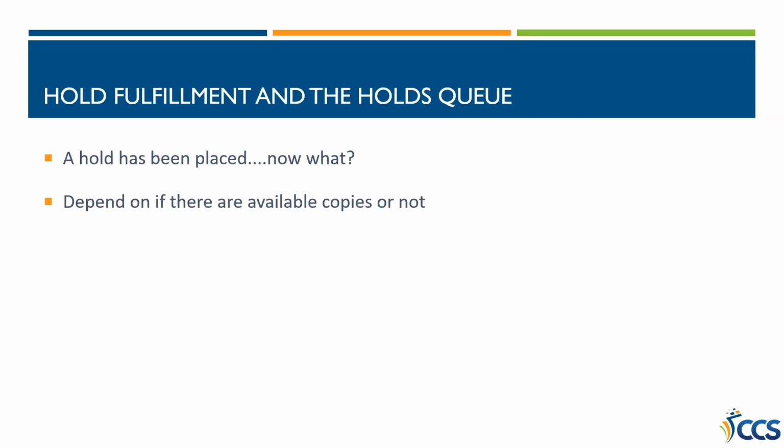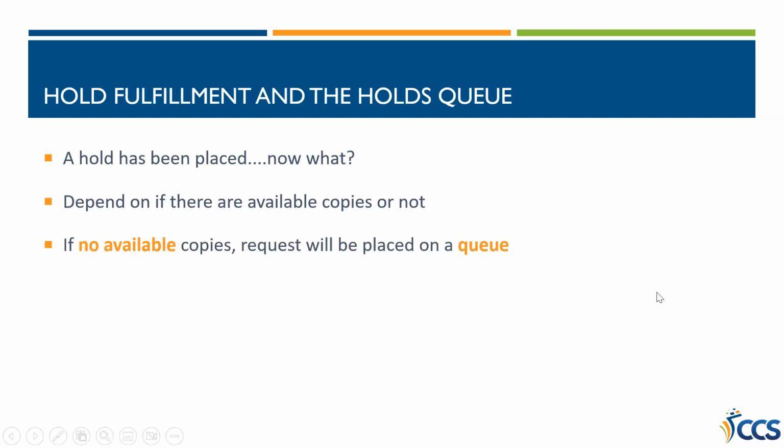So what happens now if there's no eligible copies in the system? So we know that if nothing's available, like, it's a big demand title, there's no eligible copies, the patron is going to be added to the holds queue for the title, right? The request is going to end up on the queue, and requests will be filled as things are being checked in.